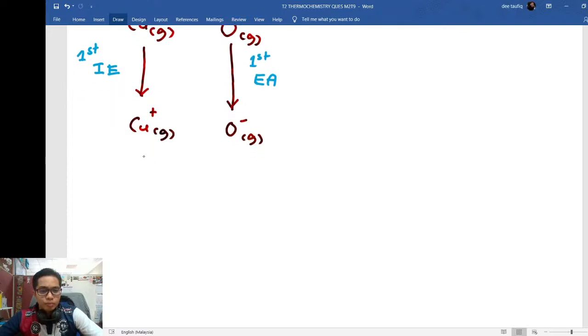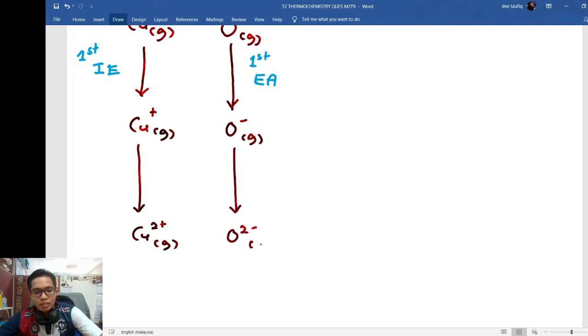And then from Cu plus become Cu2 plus gas ion. Oxygen minus 1 become oxygen 2 minus gas ion. Right. So plus 1 to plus 2 is second ionization energy, and then minus 1 to minus 2 is our second electron affinity. Okay.